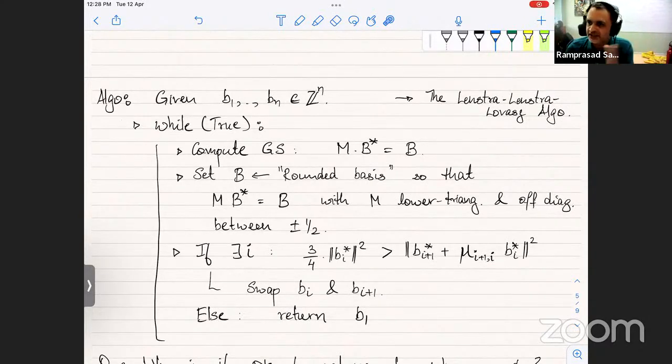Compute the Gram-Schmidt under the slightly different order, round off as best as you can, and see if there is any coordinate where there is some progress that you can make. If you can, swap it again. You keep doing this again and again. At some point, you might end up in a situation where all your Gram-Schmidt vectors satisfy this inequality with less than or equal. And at that point, apparently you just output B1 and say that's a short enough vector.